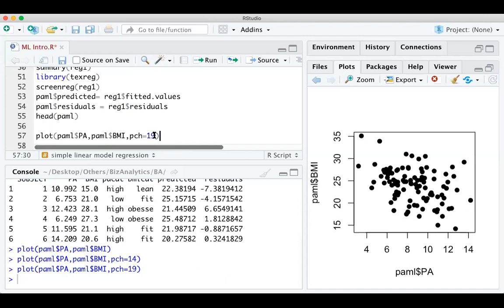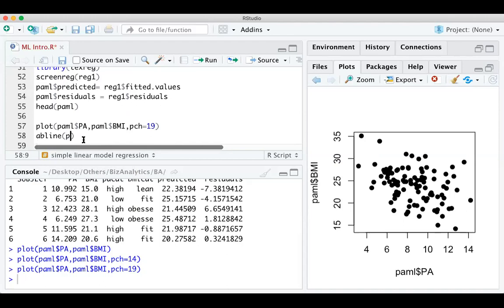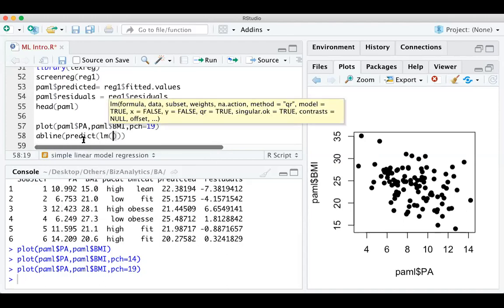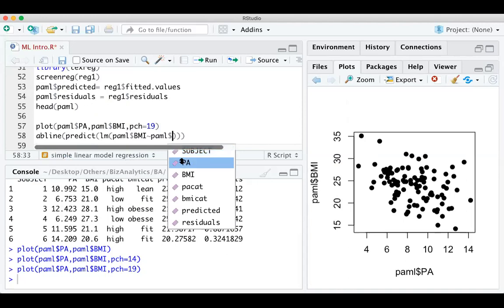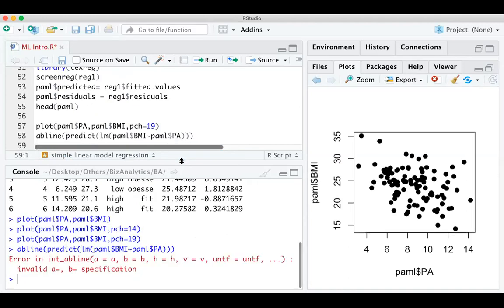Now the next job here is, if you want to take the predicted line, how it looks like. So we can go by abline, right? So abline, predict of lm of PAML dollar PA, right? So this will fetch you.